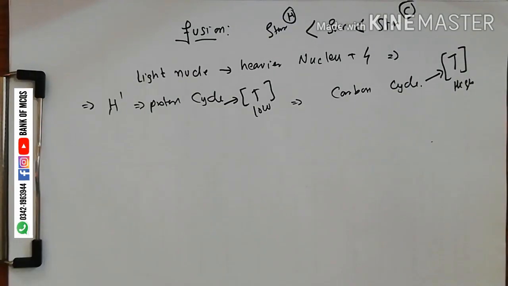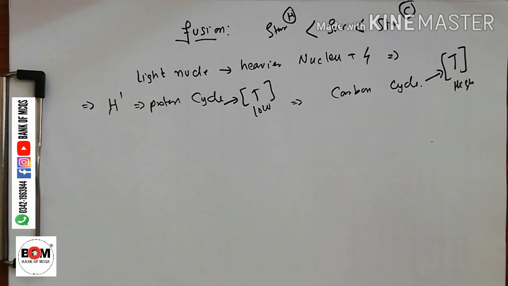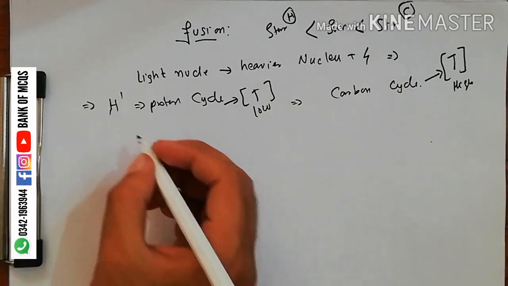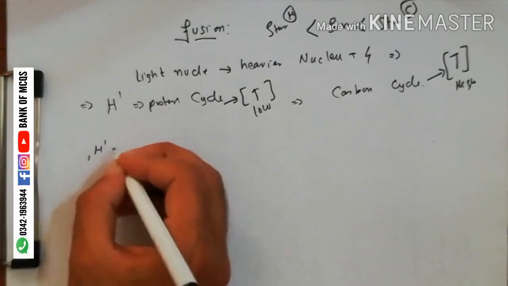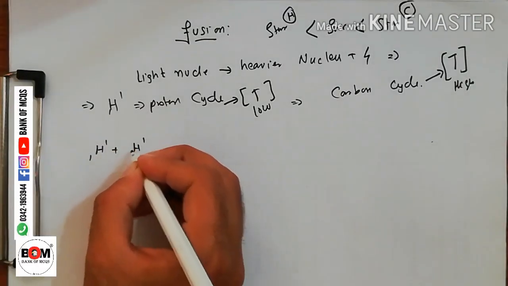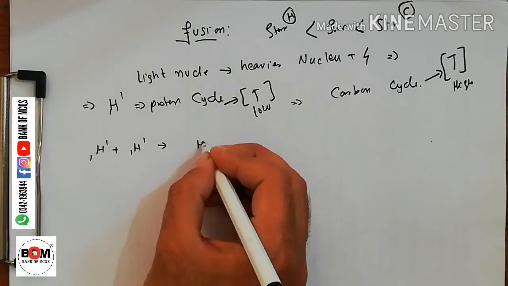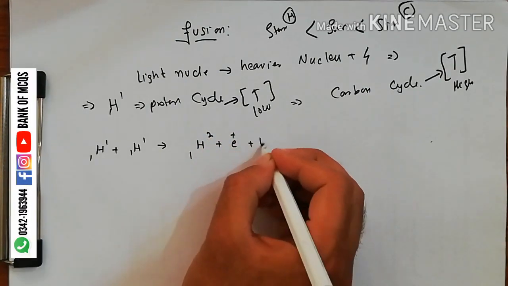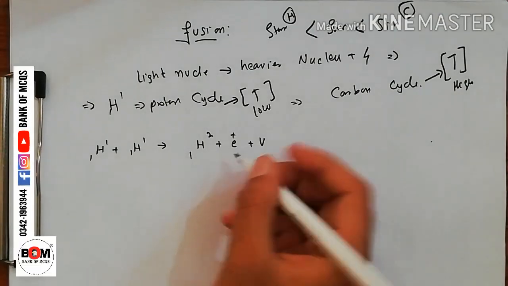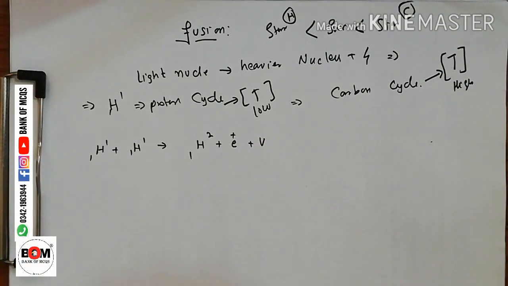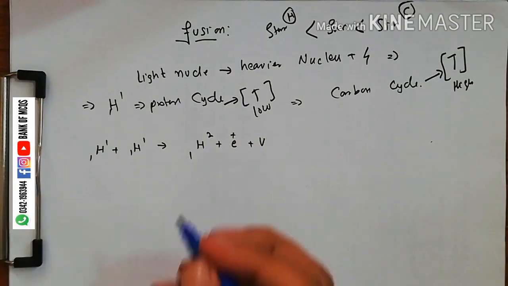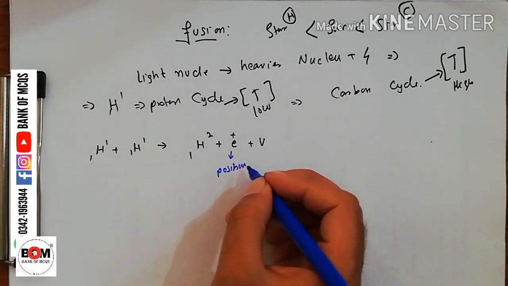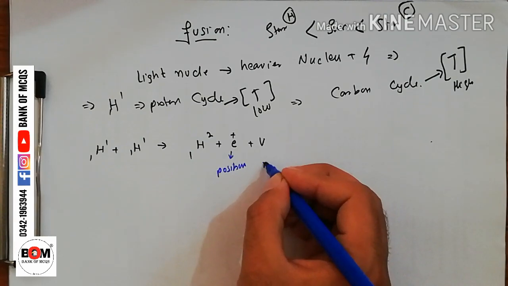Now what is the proton cycle and what is the carbon cycle? In the proton cycle, one proton reacts with another proton and the reaction takes place as e positive plus ν, where e positive is called a positron, and ν is the neutrino.